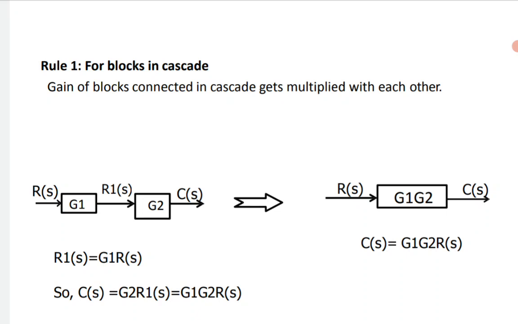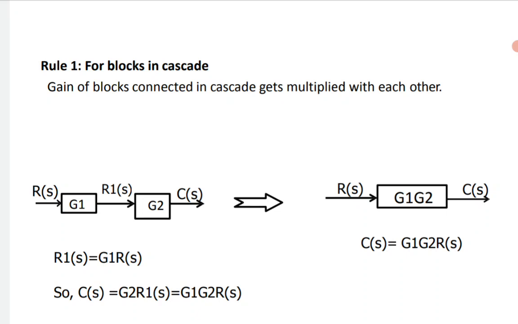That's why we say we have to represent the diagram in an equivalent way so that the actual result is not disturbed. These two blocks can be extended up to n number of blocks. Suppose G1, G2, and so on up to Gn are in series, then the right hand side diagram will have R of s connected with the product of G1, G2, up to Gn, and then the output is generated as C of s.